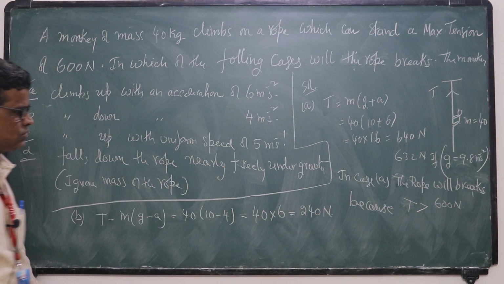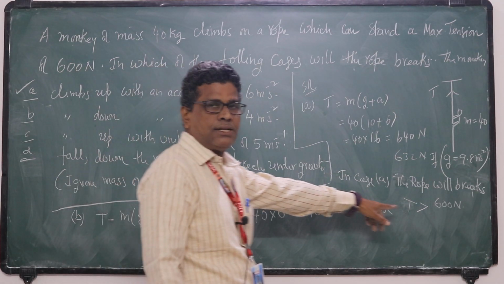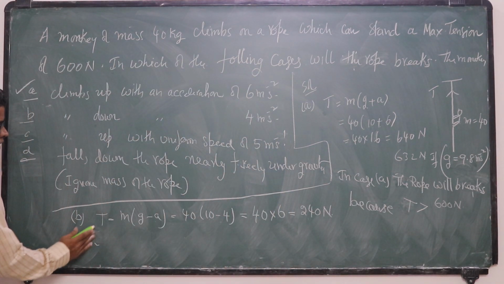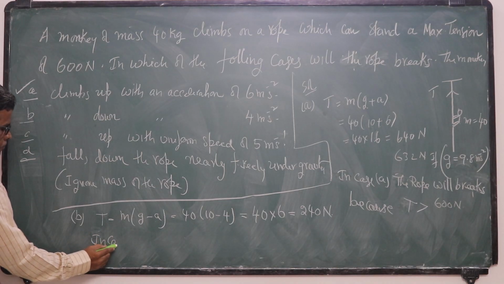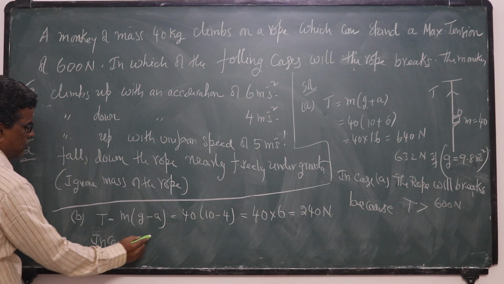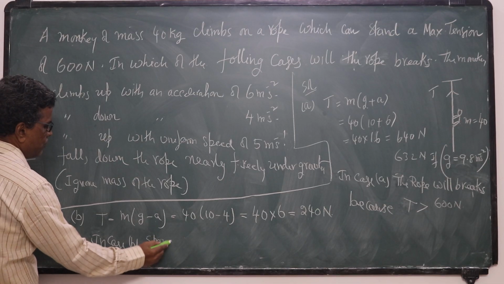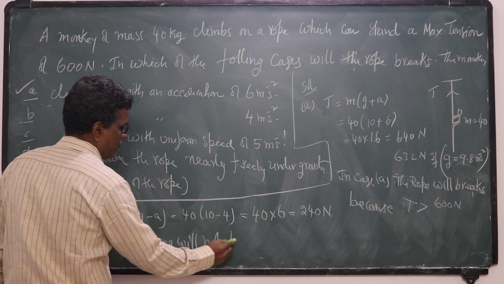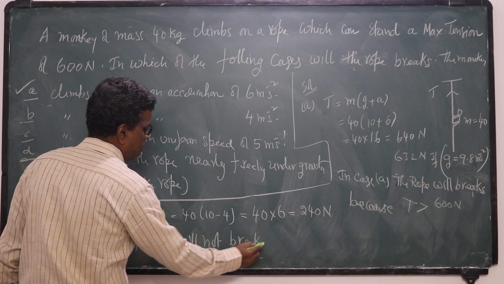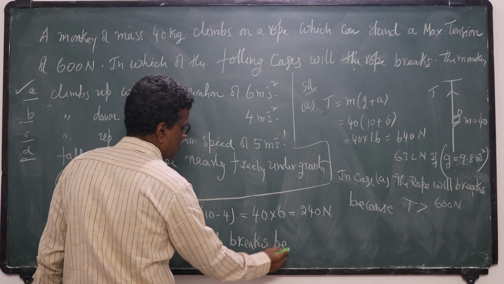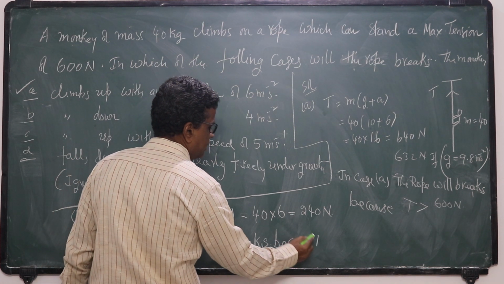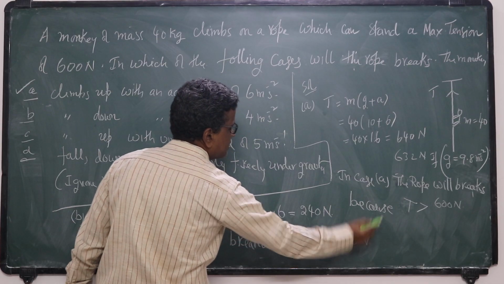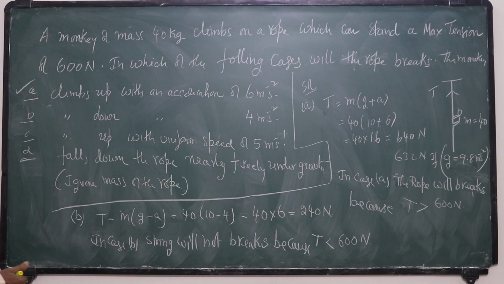It is less than 600, so it won't break. In case B the rope will not break because the tension in the string is less than 600 newtons.